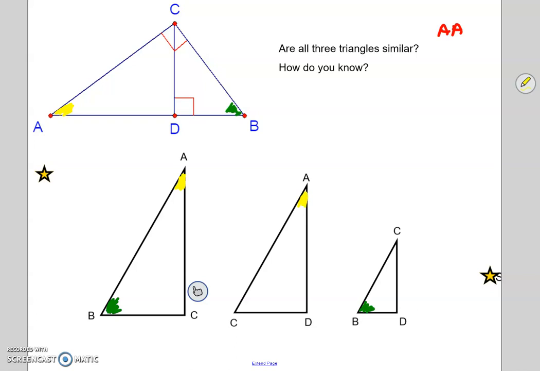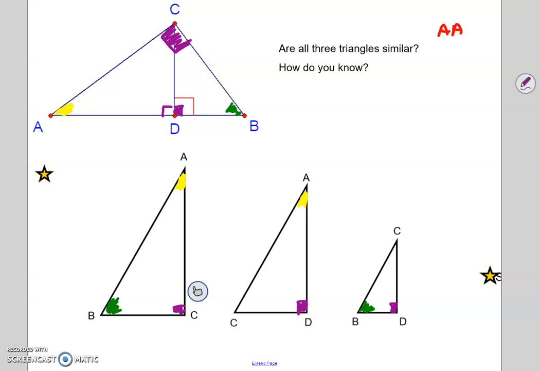Then angle D here in the small triangle is a right angle, and because it forms 180 degrees, angle D in the medium triangle over here is also going to be a right angle. And if you look back up at the diagram, you'll see that in the large triangle at the top, angle C is also a right angle. So we can mark that as well.